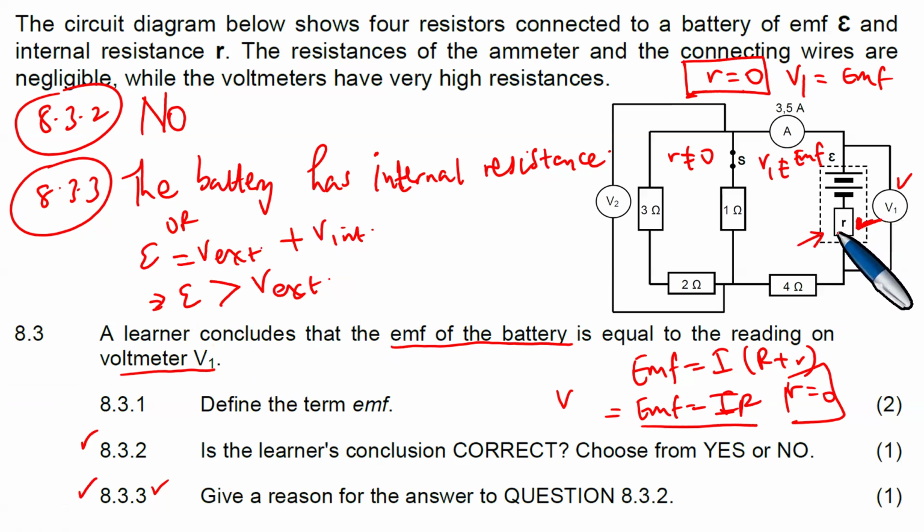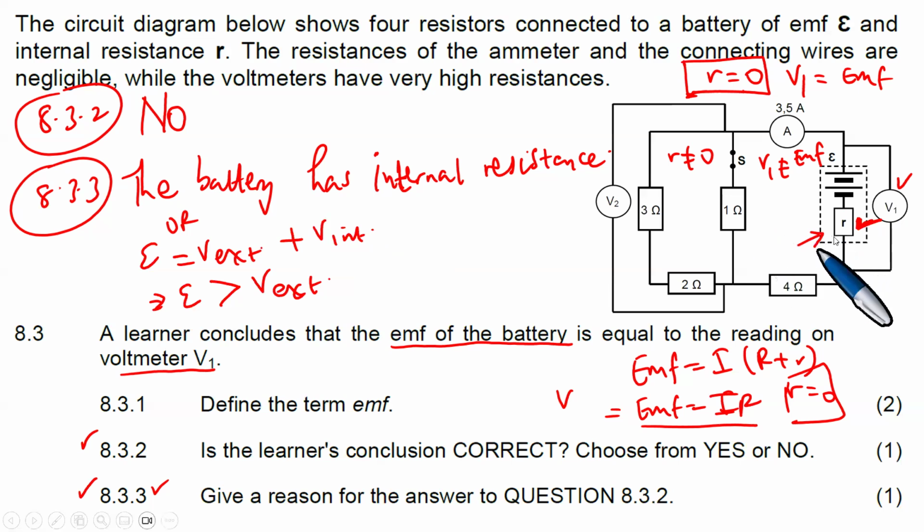That's the reason. Just the lost volts make the small difference in the reading between the EMF and what the voltmeter is going to read. Okay, let's move on. So this was 8.3.3, just to provide a reason why there's a small difference between the actual EMF and the V1 reading: the battery's internal resistance. If there's internal resistance, then there are lost volts.